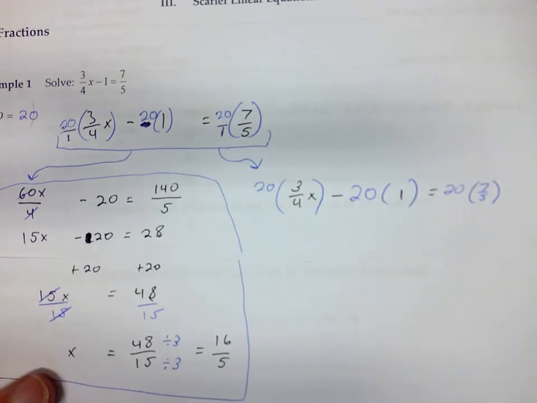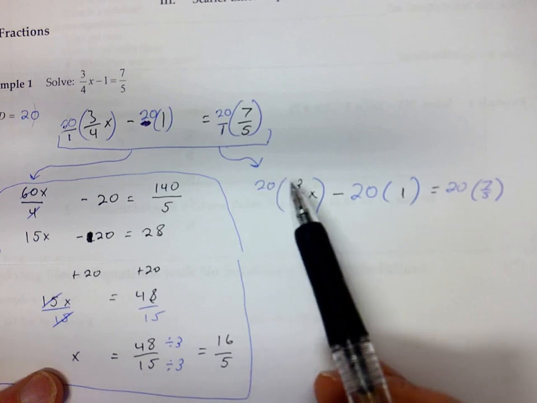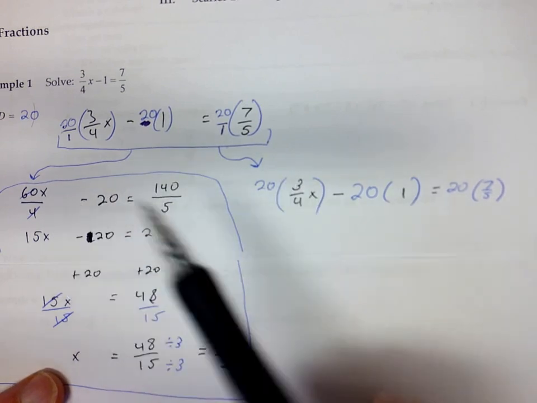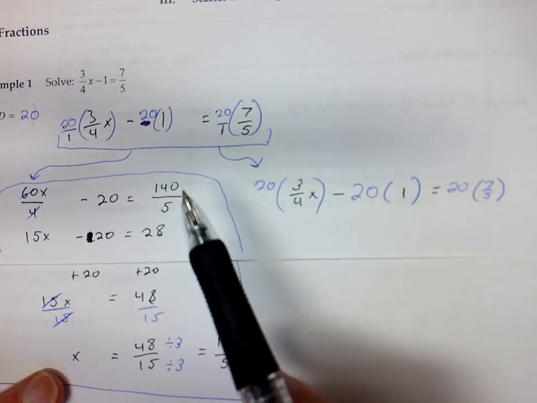So what I'm going to do here, as opposed to last time when I multiplied the numerator, I multiplied 20 times 3 and I got 60, I multiplied 20 times 7 and I got 140.